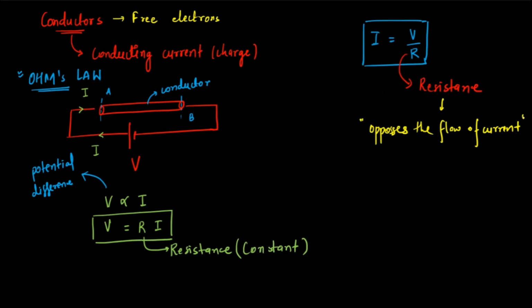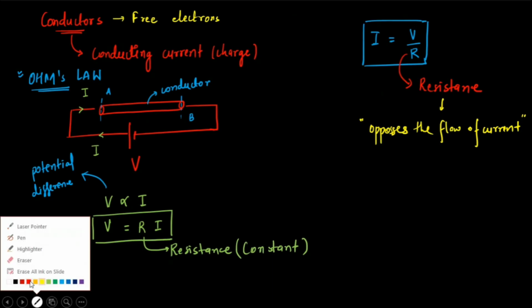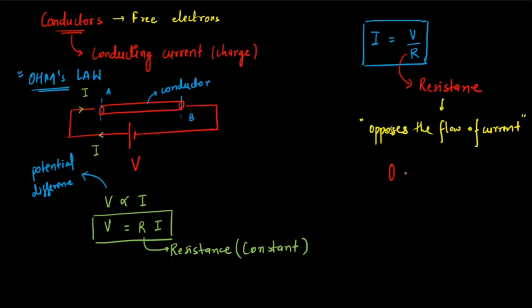This opposition, which is offered by a particular type of matter or conductor, is specific to that particular type of matter. So when we study resistance in a little more detail, assume that we have a conductor with some length L and some area as well.